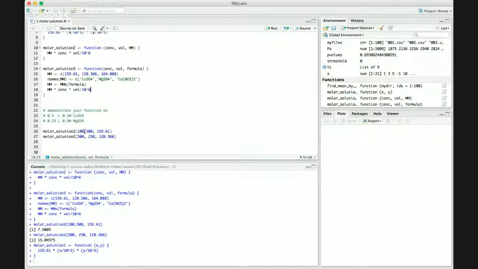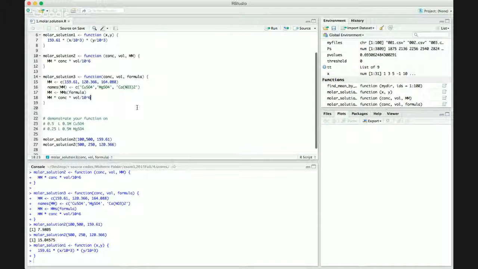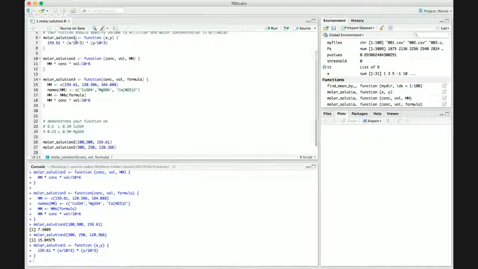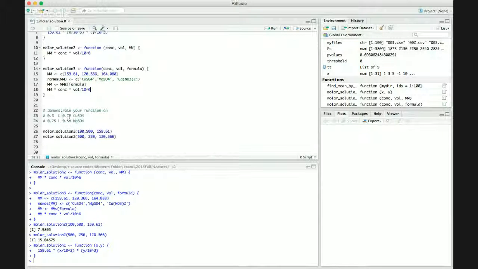I want a concentration of 100, so 100 times 10 to the 3, which will give us 0.1 moles. I want my volume to be 0.5 liters, so here I wrote 500 because, again, if it gets divided by 10 to the 3, that'll give me 0.5 liters, and then times the molecular mass of CuSO4.